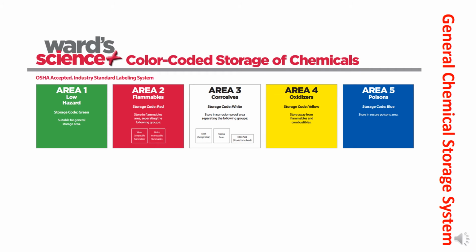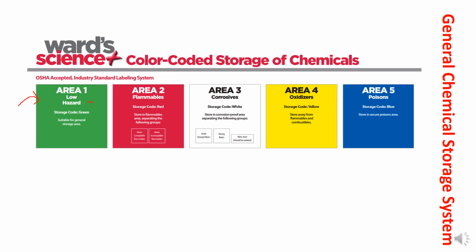This slide shows five different areas for storage. The first, green, is area 1, the low hazard area. It holds chemicals with low hazards, which you can identify from the MSDS document.